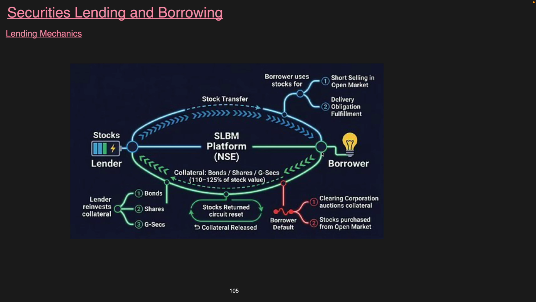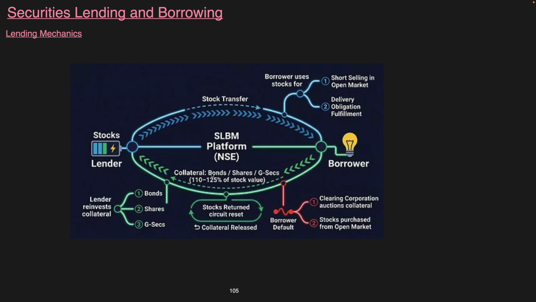So what is the borrower supposed to do? The borrower is supposed to give collateral in terms of bonds or shares or G-SECs, that is government securities. The quantum of collateral will be 110 to 125% of the stock value which has been given to him. Now, in case the borrower defaults, the SLBM platform has a clearing corporation available.